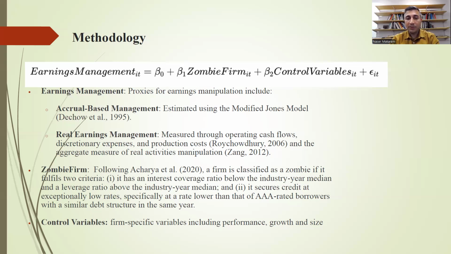We operationalize this by looking at AAA rated borrowers to see whether the firm got a lower rate than them, and we look at firms with similar debt structure to find out whether they get a lower interest rate or not. We also have a number of firm-specific control variables, including ones measuring performance, growth, size, and leverage, a long list of control variables based on prior studies.